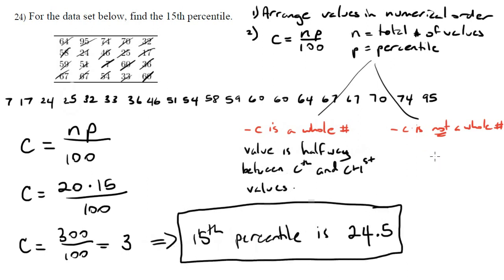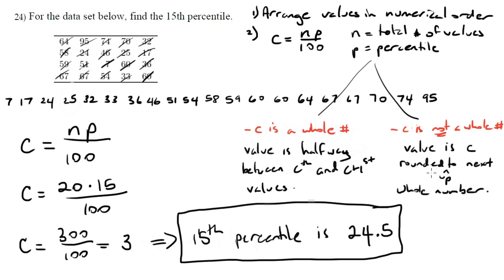Now, if C was not a whole number, like if C was 3.2 or something, as long as C is not a whole number, the value that we're looking for, I just want to say this properly.